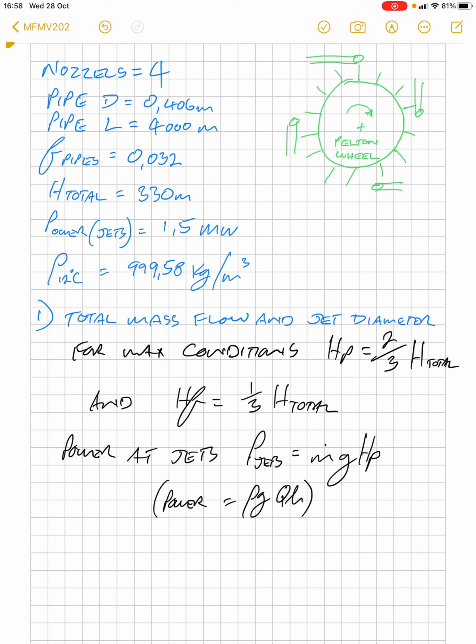We also know that power equals rho G Q H and mass flow rate is rho Q. And that's how we come out with that formula.